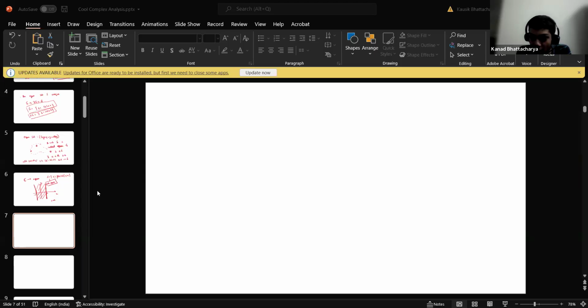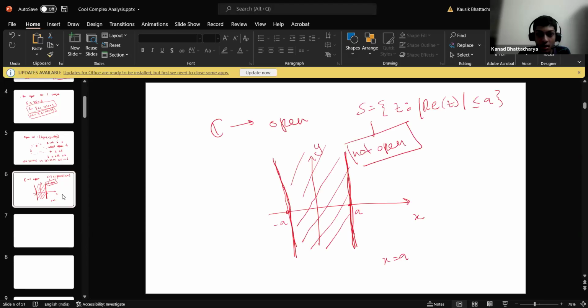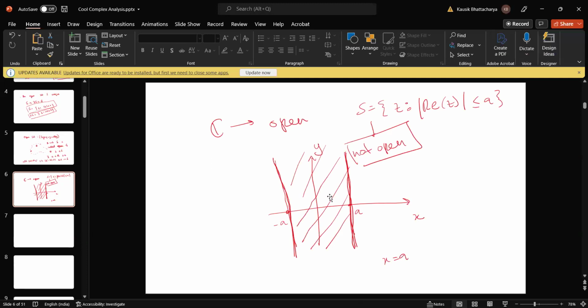Nikhil is asking: if we define the real part of z to be less than a, is it an open set? If you mean z the set of integers, no. Oh, you meant the complex numbers. If the condition is with the equality sign, this is not an open set. But if you remove the equality sign, then yes, it is an open set.